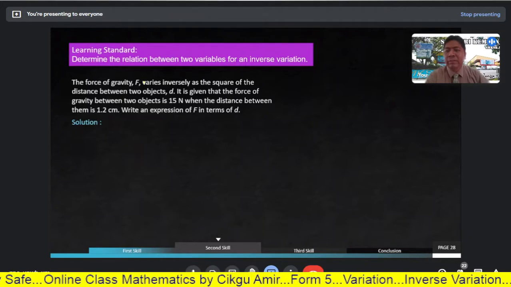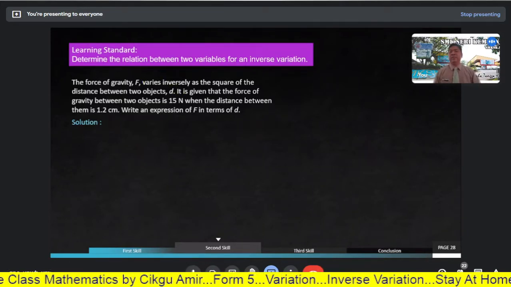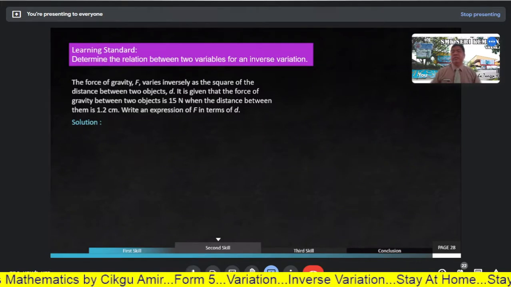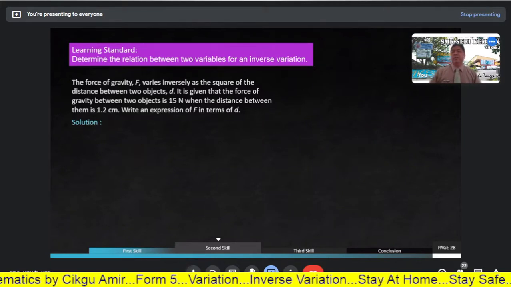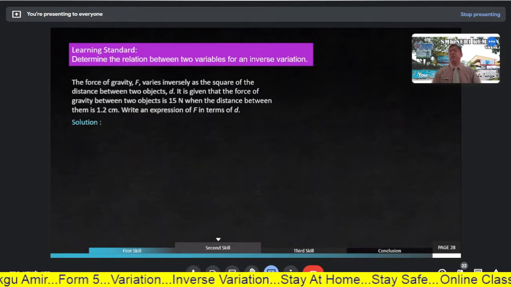The first variable is F, the force of gravity. The second one will be D, the distance between two objects.